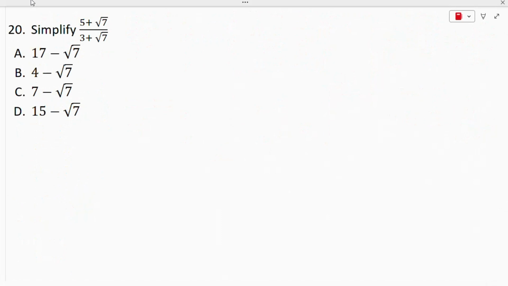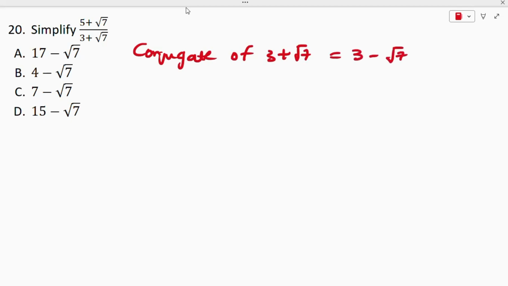Alright, so question number 20 says we should simplify (5 plus root 7) divided by (3 plus root 7). The first thing you want to do is multiply the denominator and the numerator by the conjugate of 3 plus root 7. The conjugate of 3 plus root 7 is 3 minus root 7. Some persons will say rationalize, so simply rationalize this.